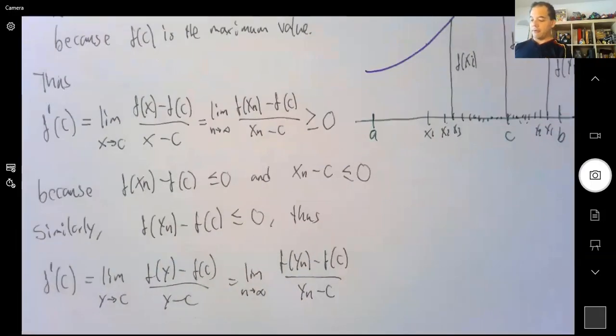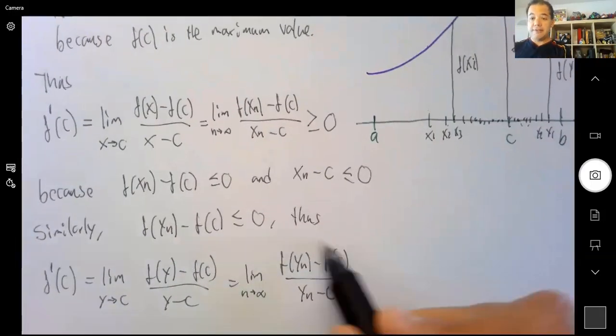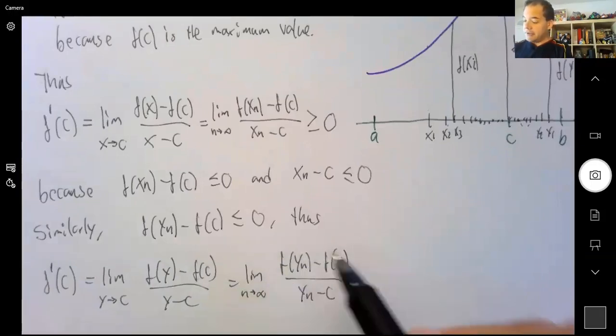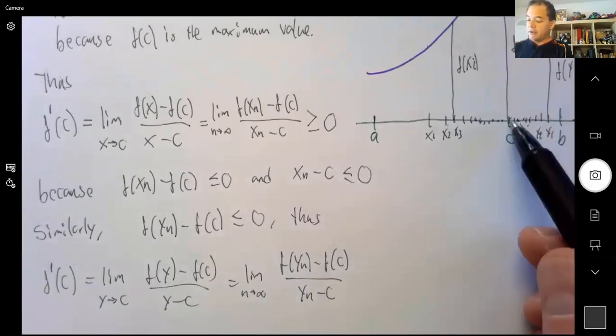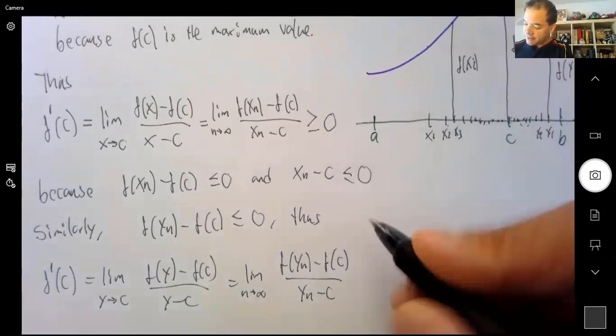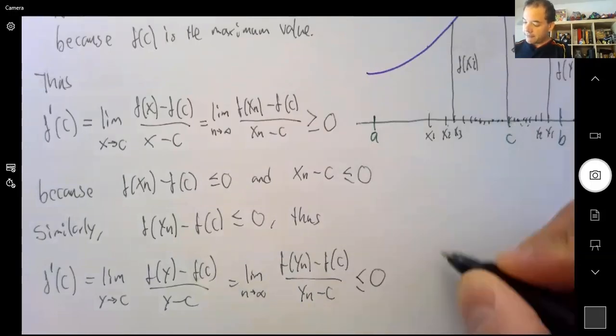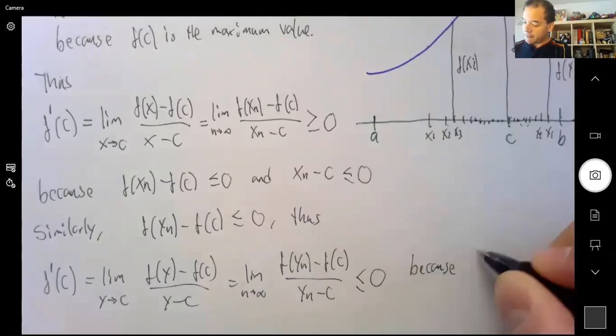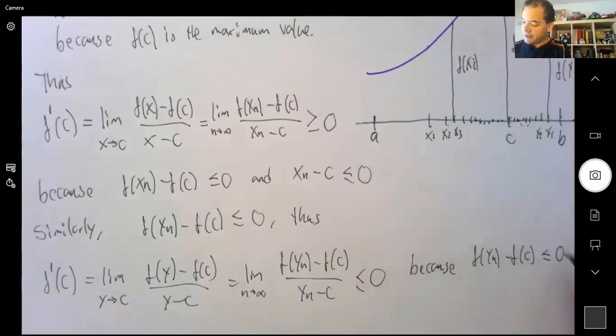So what is the story now? Well, this time the numerator is negative, same as before, but this time the denominator is positive, right? Because yn is to the right. So now you're dividing a negative by a positive. So this is now less than or equal to 0. Because f of yn minus f of c is less than or equal to 0, and yn minus c is greater than or equal to 0. So this time they have different signs. Therefore, this is less than or equal to 0, right?